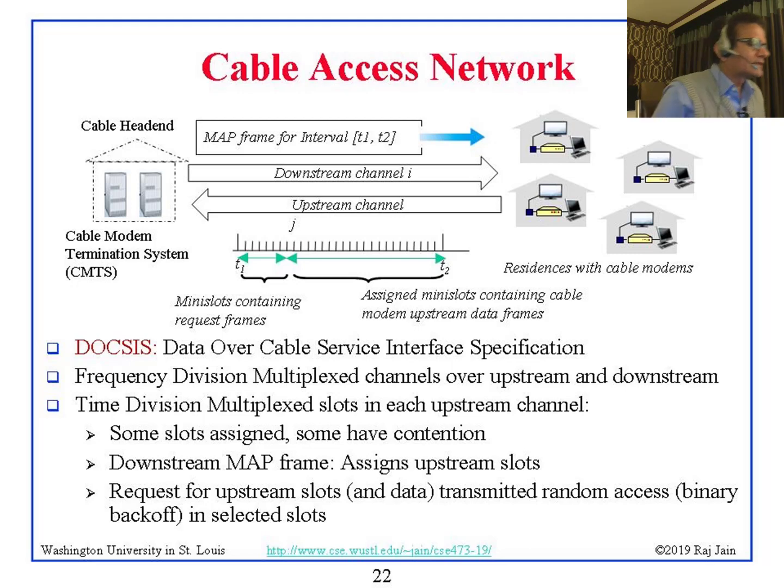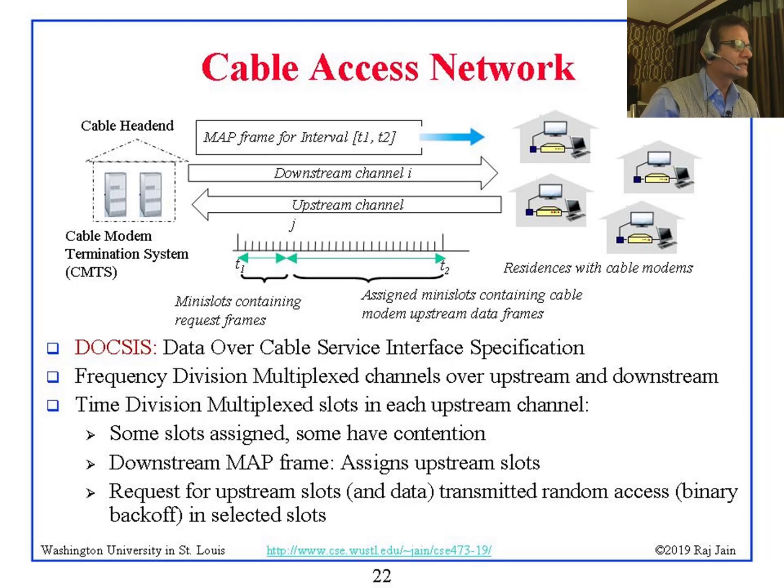The way cable access works is that they have a system in some place which we call the cable head end, on the left, and that is called CMTS, cable modem termination system.